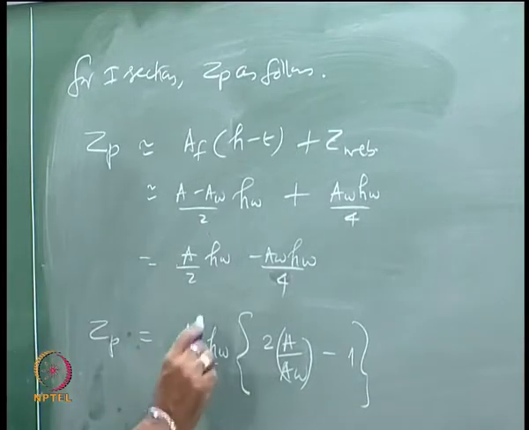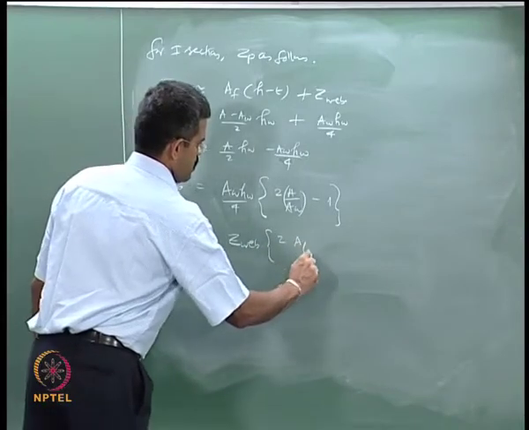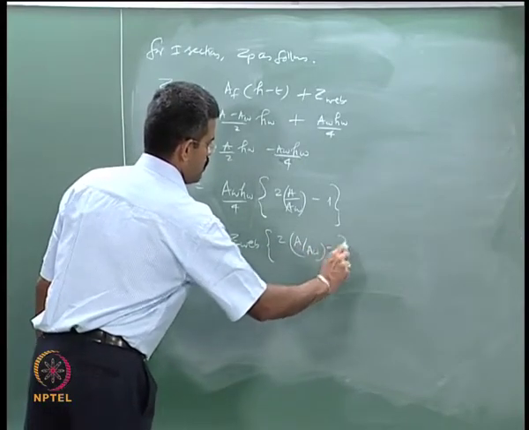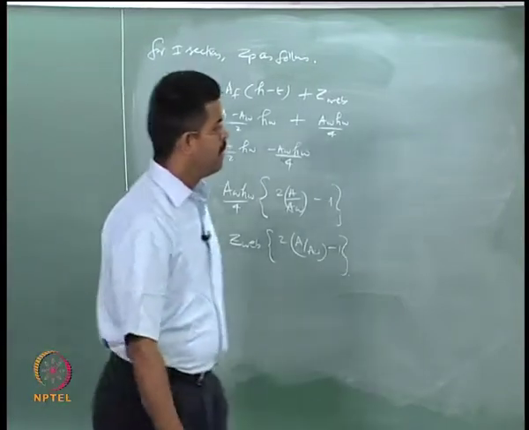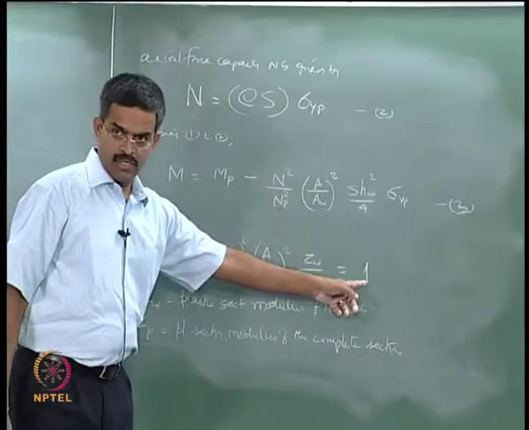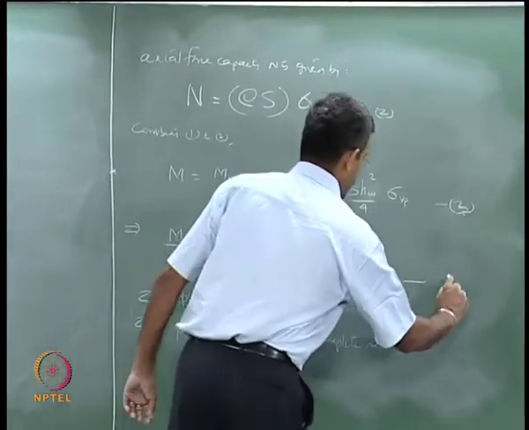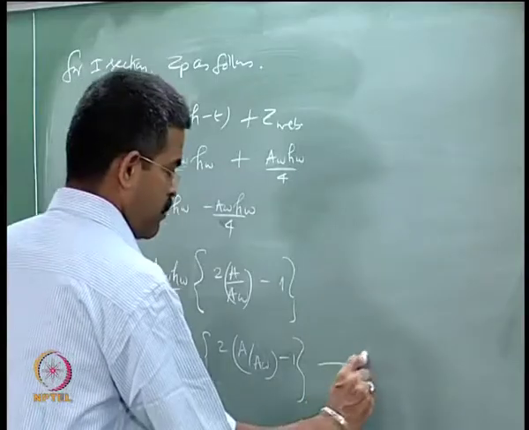AW HW by 4 is already we know it is Z of the web, times A by AW minus 1, that is ZP. I already have the ZP value and ZW value in this equation here, which I call as equation number 4, I call this equation number 5.